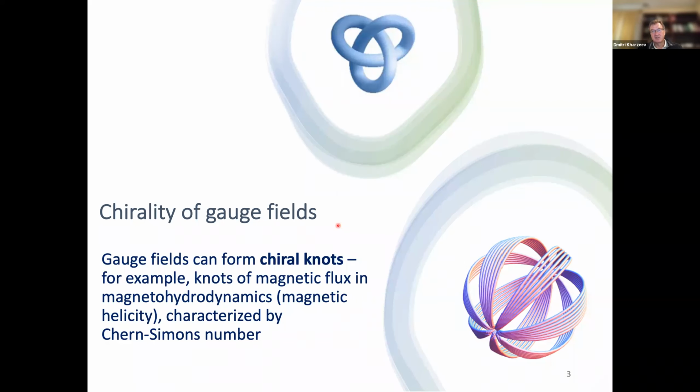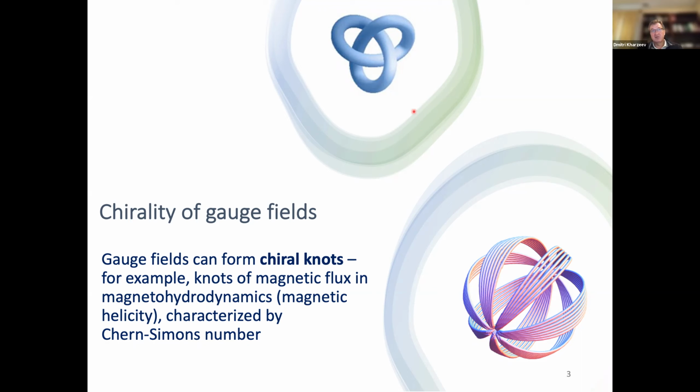So electric field is screened, so you only have magnetic field. And if you have magnetic flux, then of course, in the absence of magnetic monopoles, there should be a closed configuration of magnetic flux. And magnetic flux can form chiral knots. So this is trefoil. And this is a more complicated configuration, so-called Chandrasekhar-Kendall configuration, which also possesses chirality.